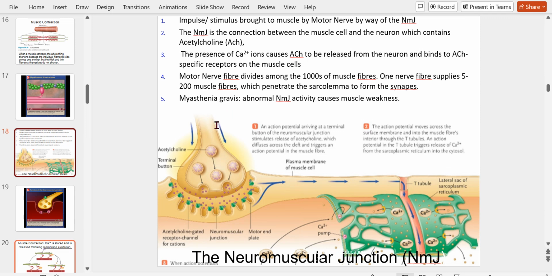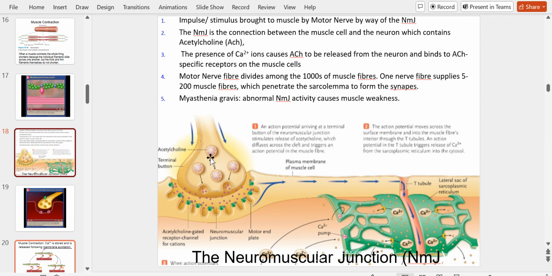This is a nice little shot there. There's your neuromuscular junction. There's your neuron coming down. The electrical conductivity is moving itself down, right? The message is coming down.